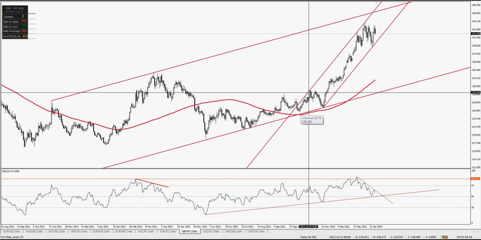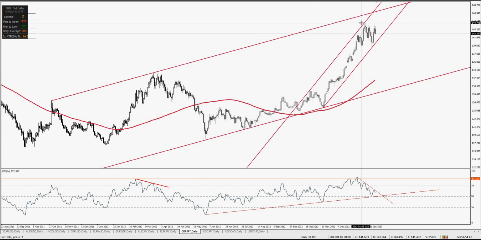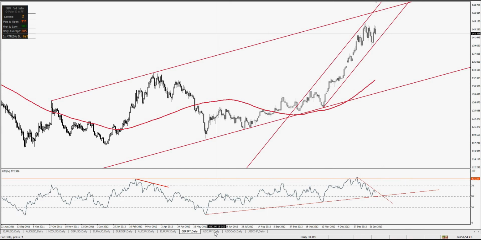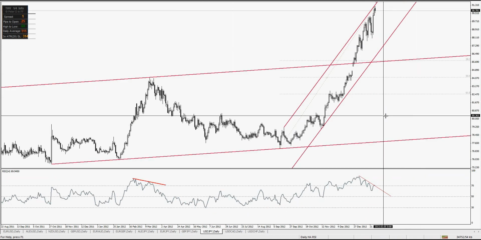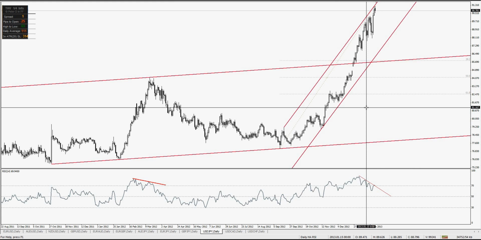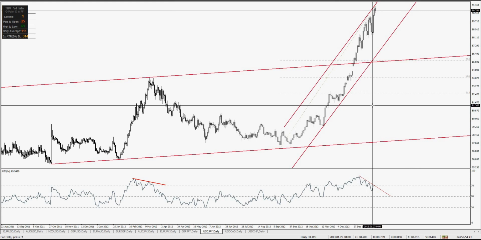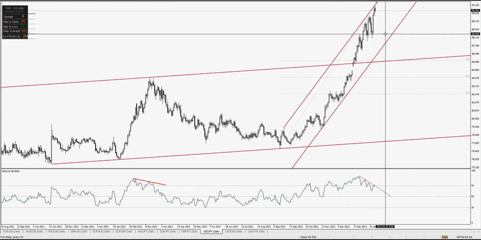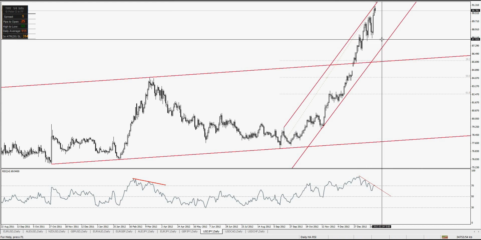You could have 1, 2, 3, 4, and we need the 5 yet. And as I pointed out, divergence, divergence, divergence, divergence. So this is really looking bearish.